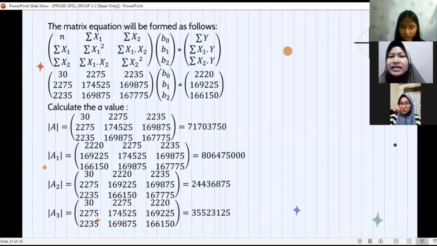by the data table that we use. So the matrix equation will be formed as follows. And sum of x1 and sum of x2.